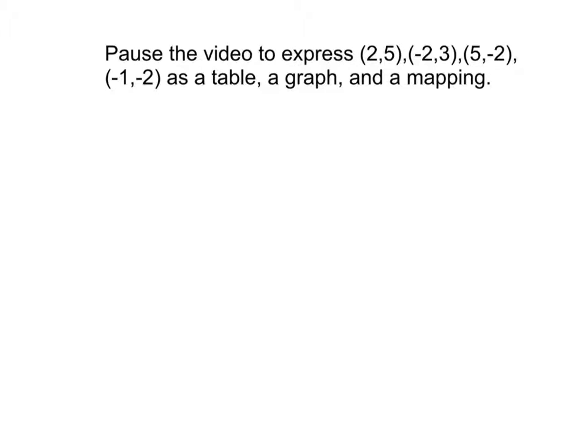Pause the video to express this set of ordered pairs as a table, a graph, and mapping. So first, to put these ordered pairs in a table, we just create our columns. We have our x and our y, and you write your x values.